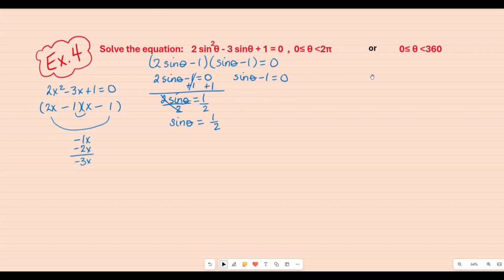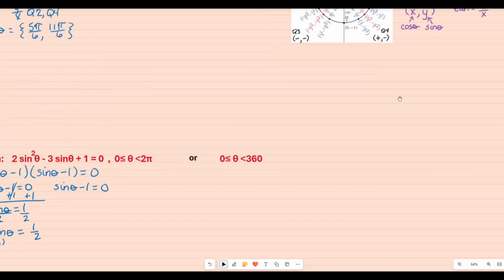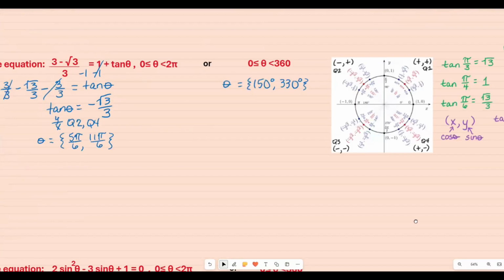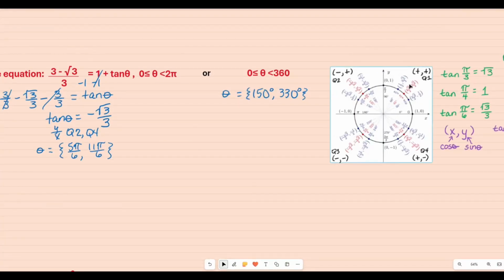And I know that this is my y value on my unit circle. And I have 2 places where sine is equal to 1/2. So I'm going to start my set interval because I still have to do this side as well. So for 1/2, if I look at my unit circle over here, where y is 1/2, I see in quadrant 1 and quadrant 2, my y value is positive 1/2 will be right here, as well as right here.